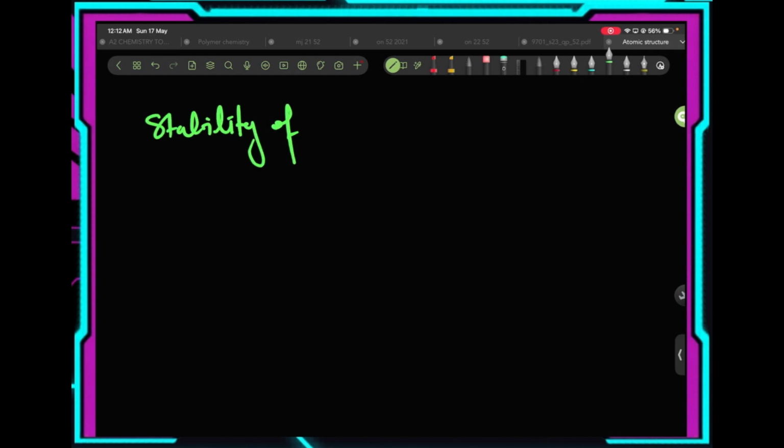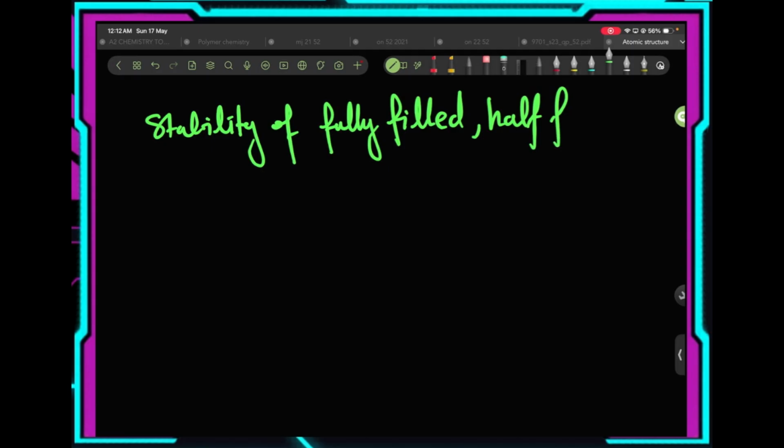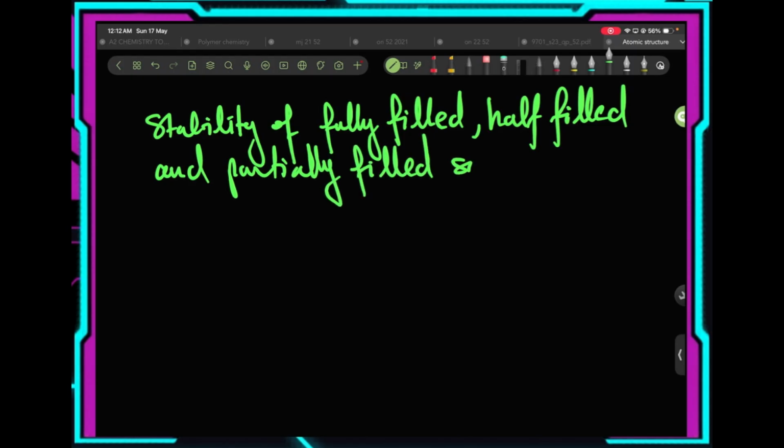Stability of fully filled, half filled, and partially filled subshells.